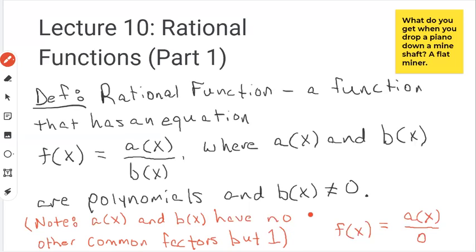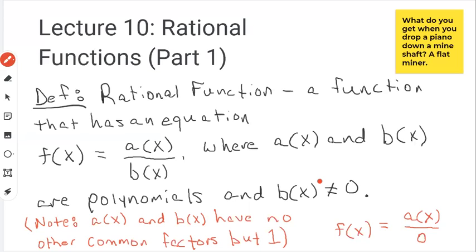So what that means is a of x and b of x have to be factored as much as you can. And then if something is the same on the top and bottom, let's say they share a common factor on the top and the bottom, then you can cross those out.